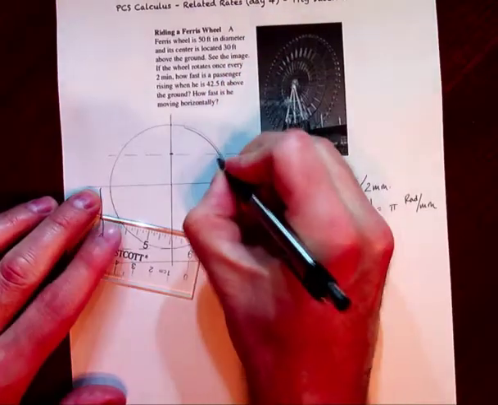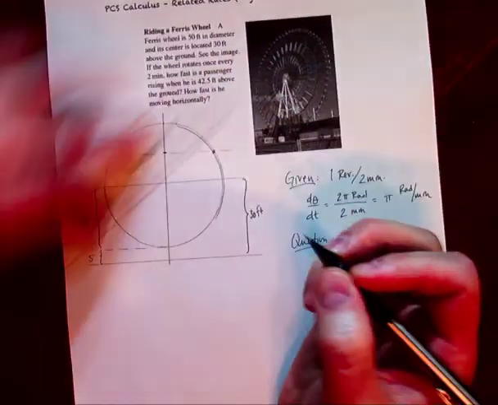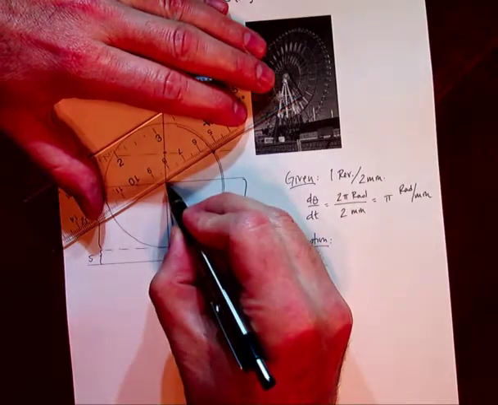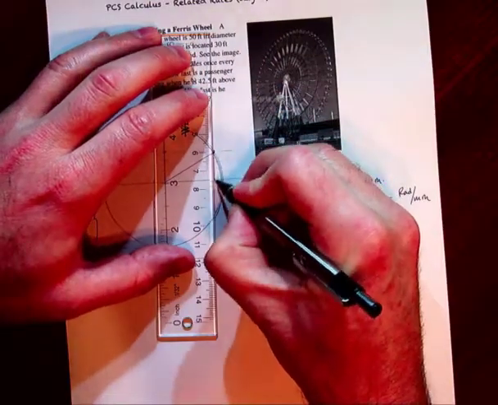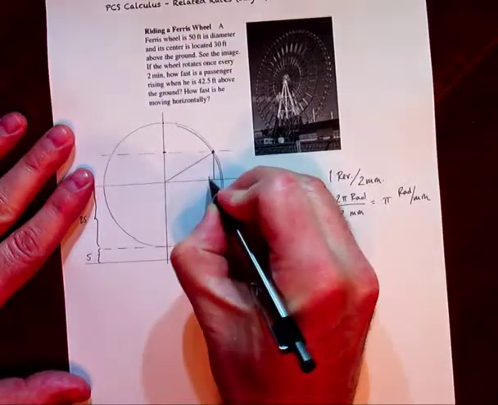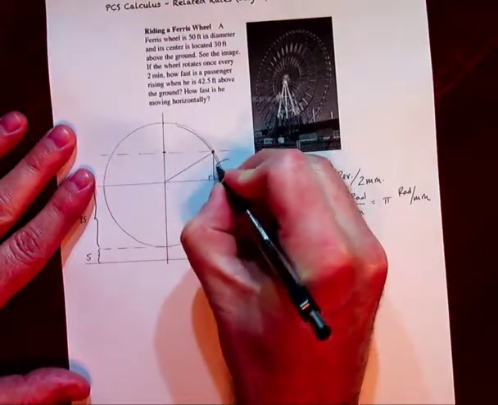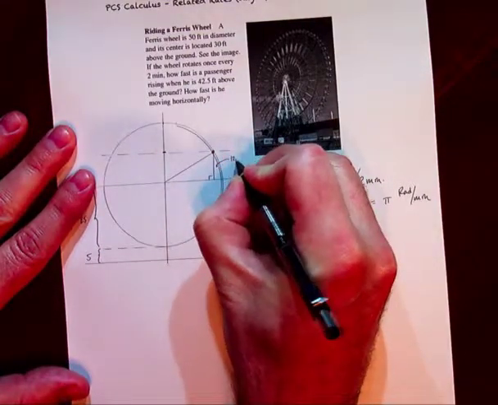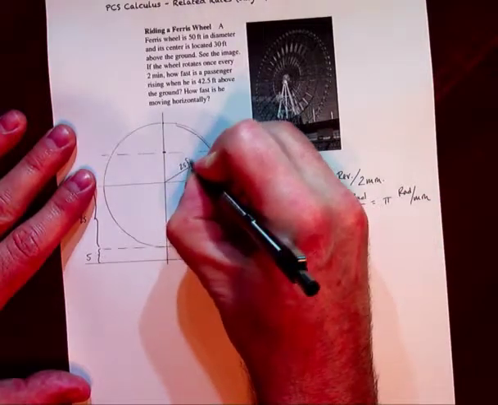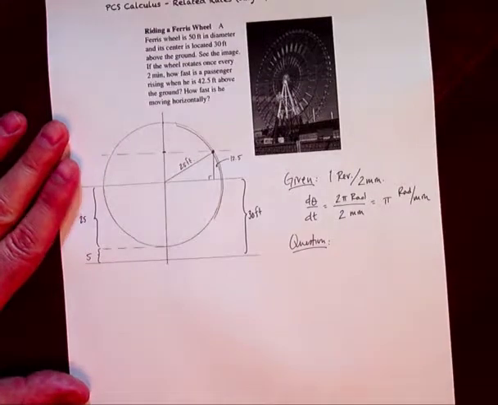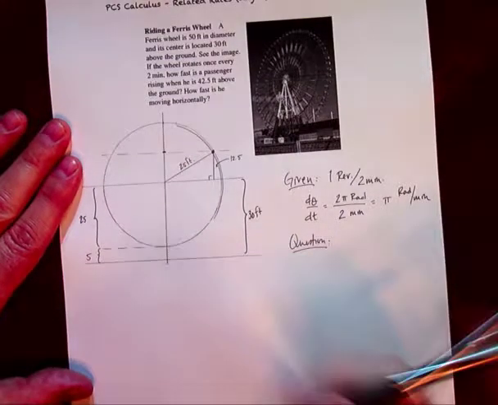And right in the middle winds up being pi over 6, doesn't it? Because pi over 6 is going to have that ratio of 12.5 and 25.